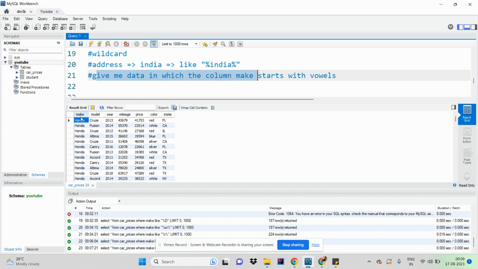So we have a column called make, with multiple values inside. You want to display all the rows which start with vowels, meaning A, E, I, O, U. You can try this as an assignment. We will solve this in upcoming videos.